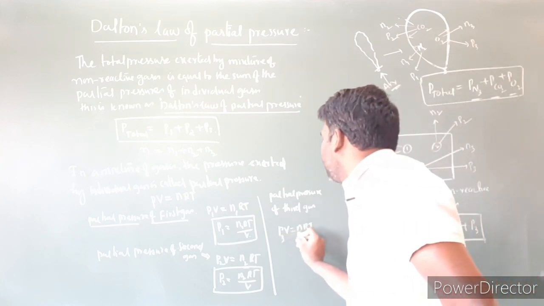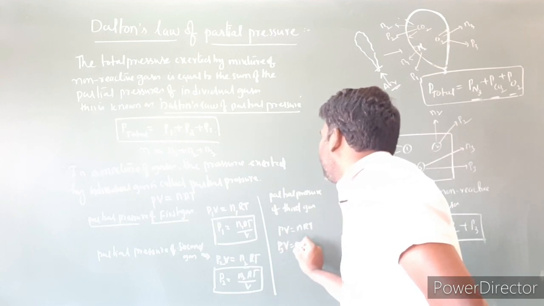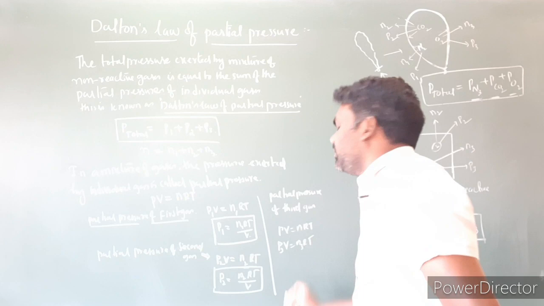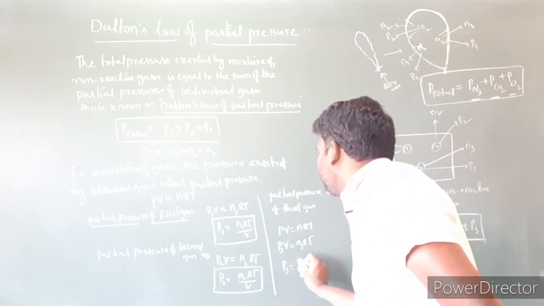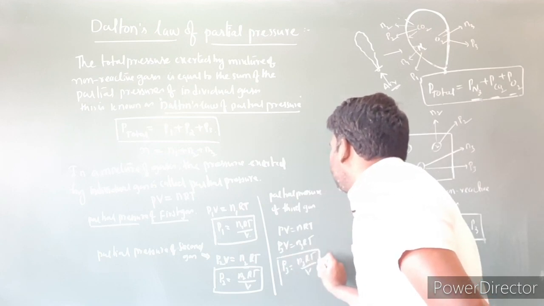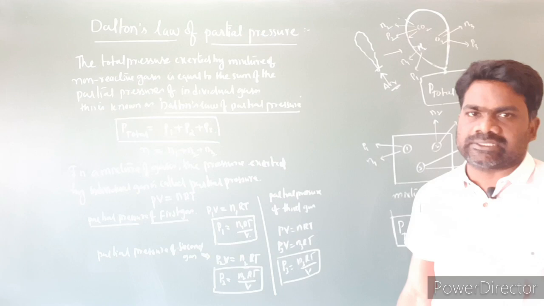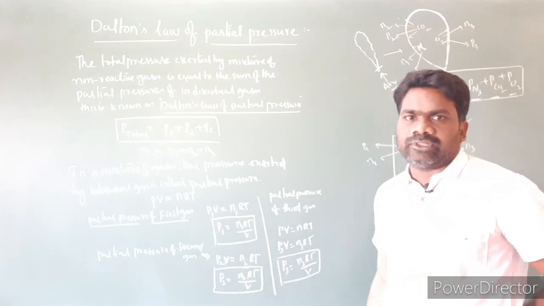Then P3V is equal to N3RT, isn't it? Then P3 is equal to N3RT by V. So this is the partial pressure of the third gas.